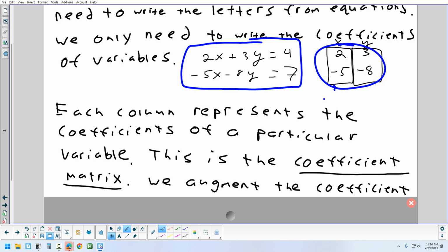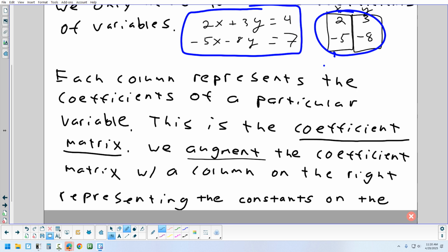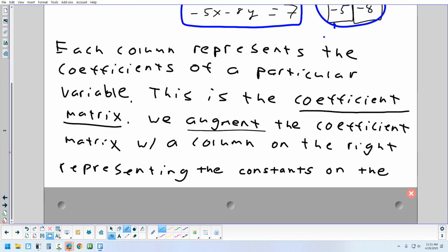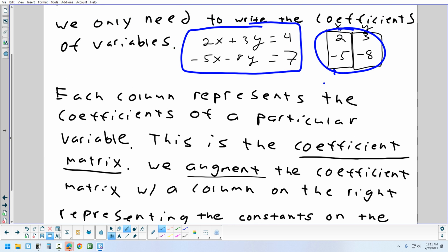So what we're going to do is add on a column. On the right-hand side, we're going to augment the matrix with a column that represents the constants. So in this case, 4 and 7.